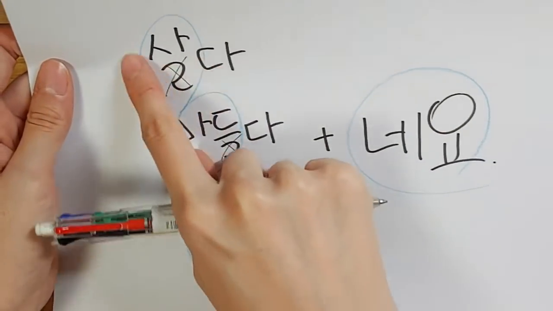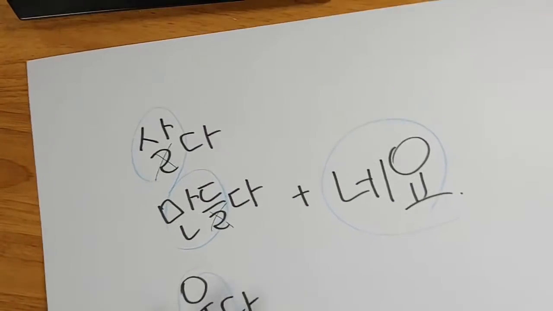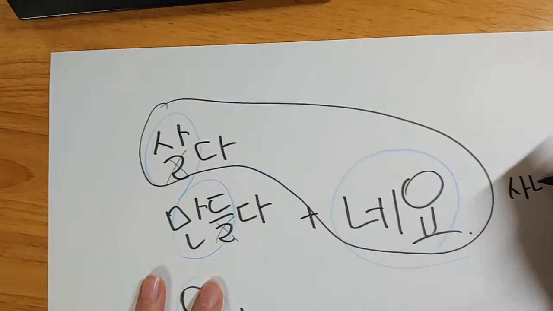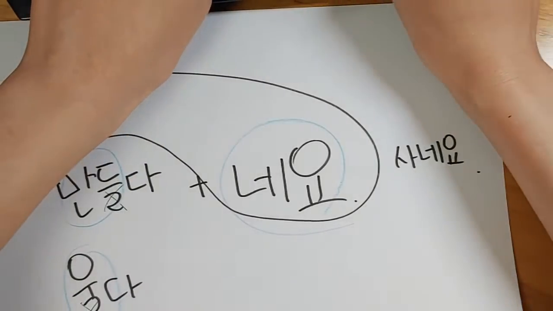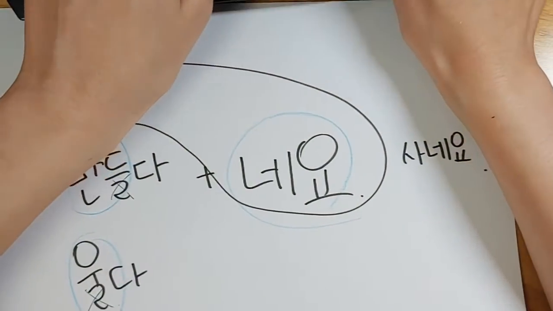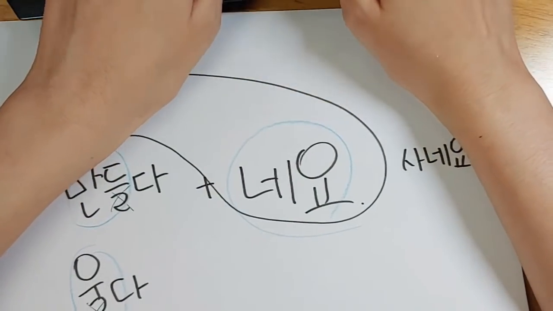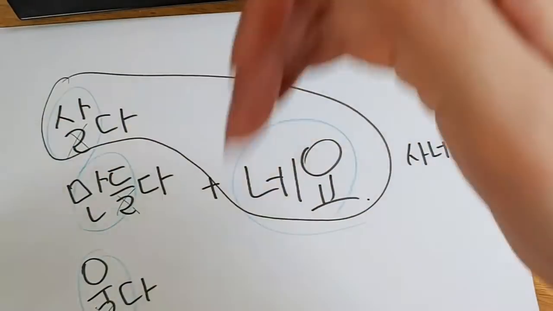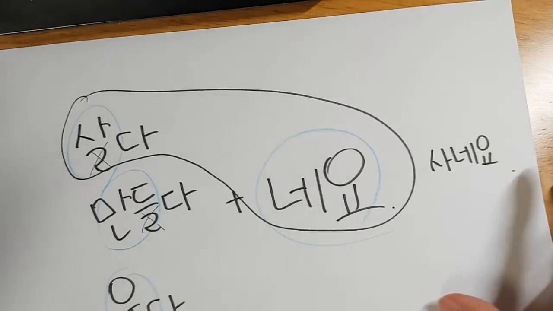So 살다 combined with 네요 is 사네요. This one, guys. It's 사네요. So if you say 지수가 행복하게 사네요, you guys can check the live chat to see the sentence that I'm writing now. 지수가 행복하게 사네요. It means I can see that 지수 lives happily. That's what I feel, that's what I observe, right?